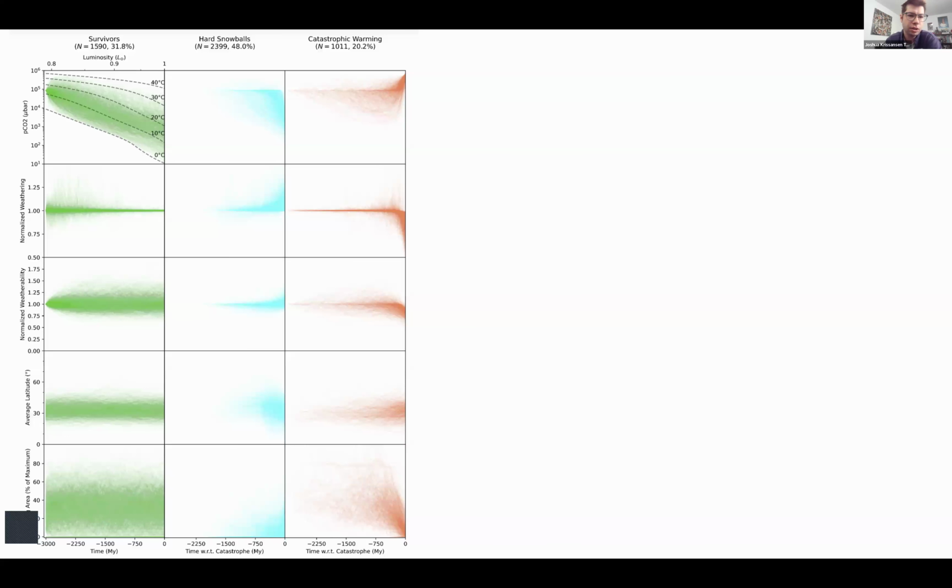So using this model, they can, of course, run many model realizations. This is time, again, on the x-axis going forward in millions of years. You can see the green model runs are the ones that survive. So there's this gradual CO2 drawdown over planetary history, and that's, in this particular case, 32% of the model runs.